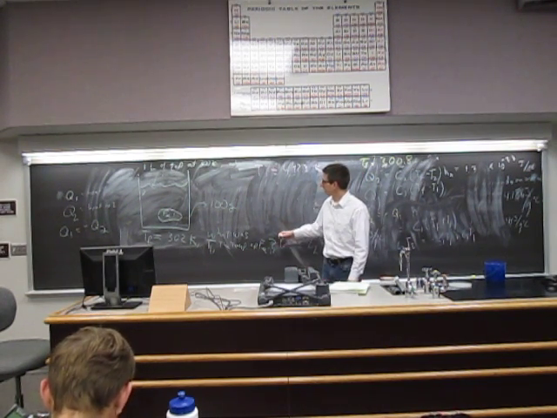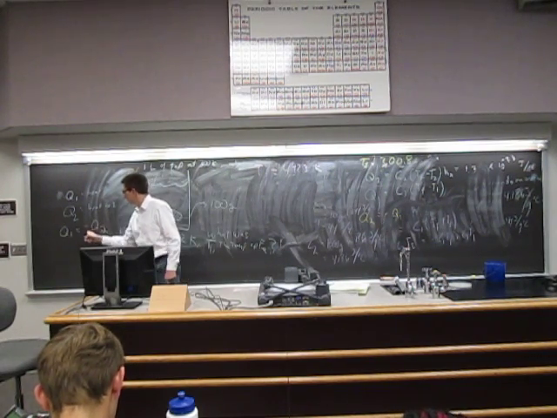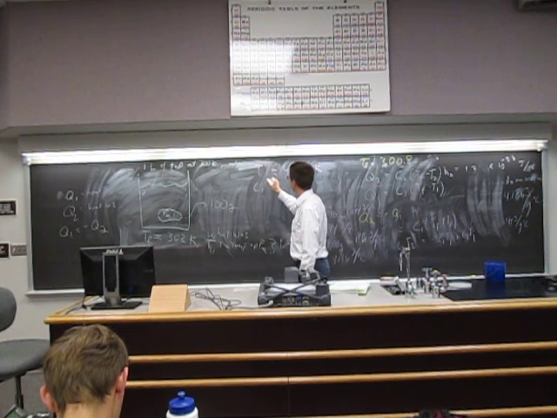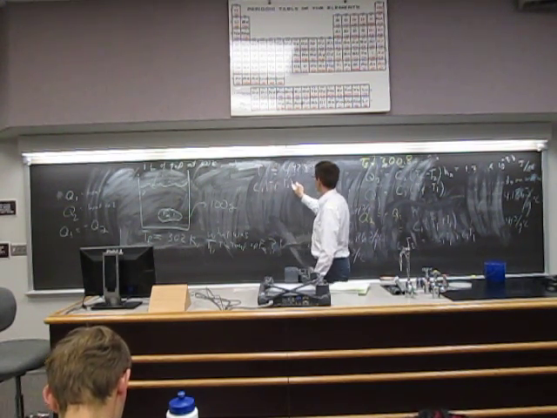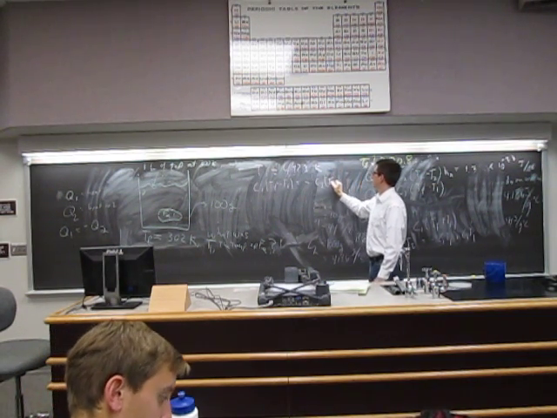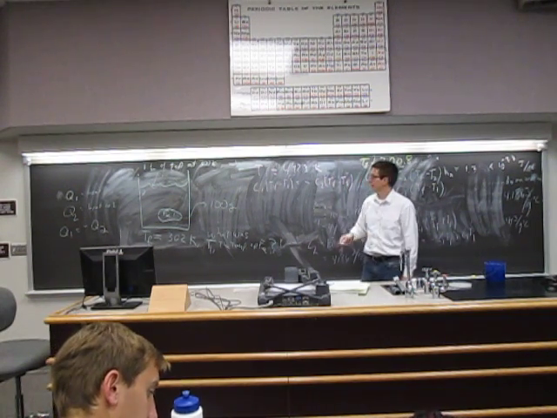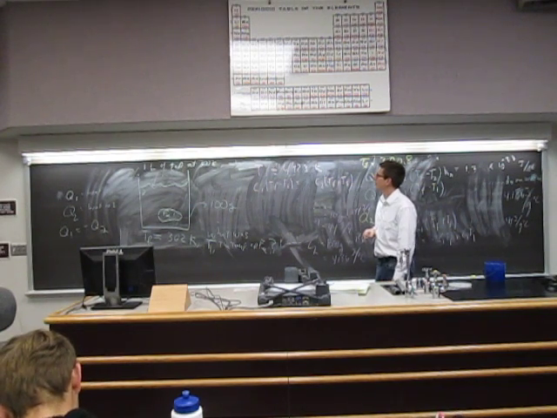So I'm going to start out with this. I'm going to say that C1 times (T final minus T1) is equal to negative C2 times (T final minus T2). Factor through the minus sign. What am I interested in?